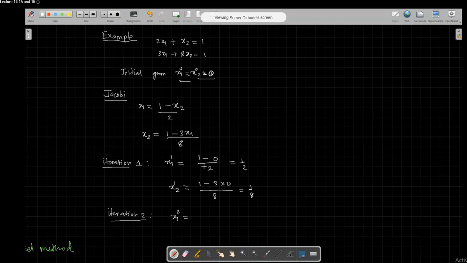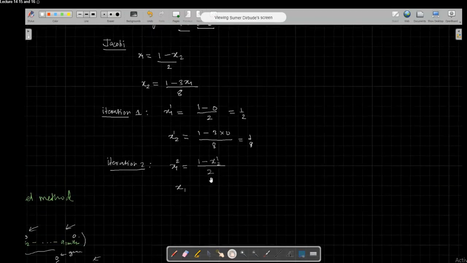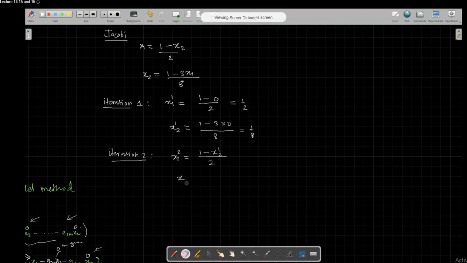So x1^1 is equal to, like that, x1^2 will be equal to 1 minus x2^1 divided by 2 and x2^2 will be equal to 1 minus 3 of x1^1 over 8.